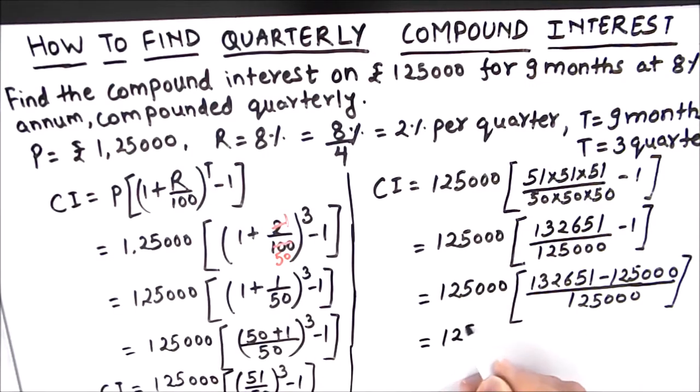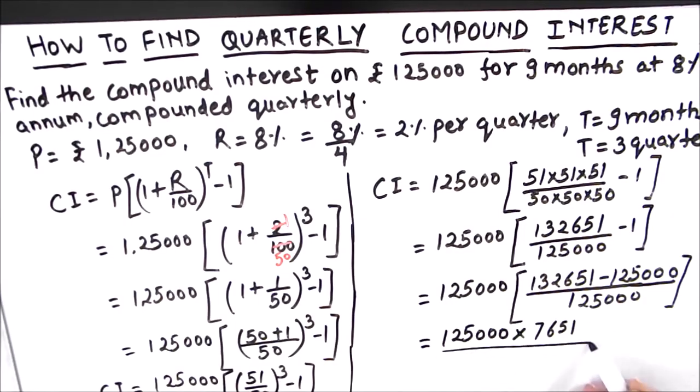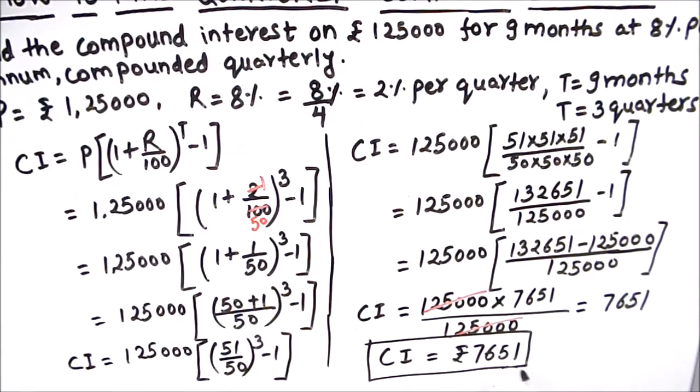So this is going to be 1,25,000 times (1,32,651 minus 1,25,000) is equal to 7,651 divided by 1,25,000. Now this numerator and denominator are same, so they get cancelled out, 1,25,000, and we are left with 7,651. So the quarterly compound interest is 7,651 rupees. So this is how we can find the quarterly compound interest.